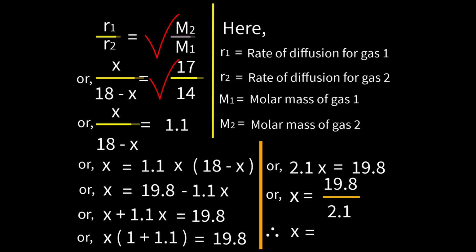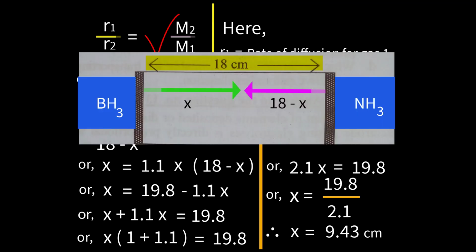Therefore, x equals 9.43 centimeter. That means here the value of x will be 9.43 centimeter. Therefore, 18 minus 9.43 centimeter equals 8.57 centimeter.